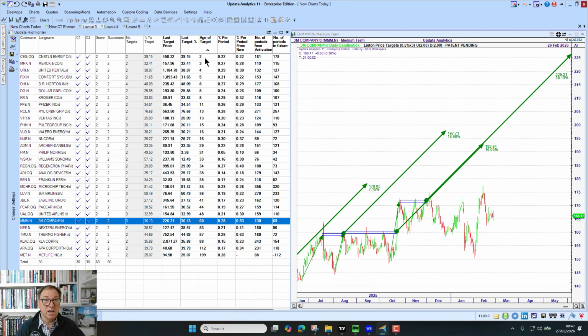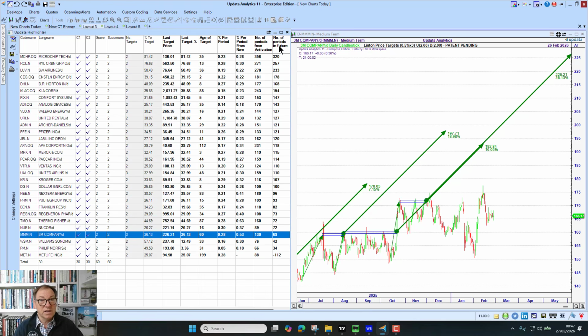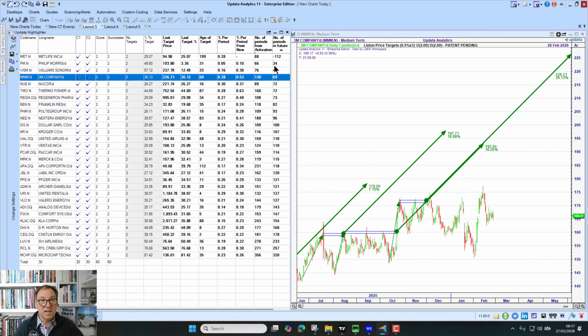So this one is a newer target on Celanese. You can see the percentage per period. That just gives you the slope and the percentage per period from now, number of periods from activation. And one that's really interesting is how long to the target, how long will it take to get to the target.